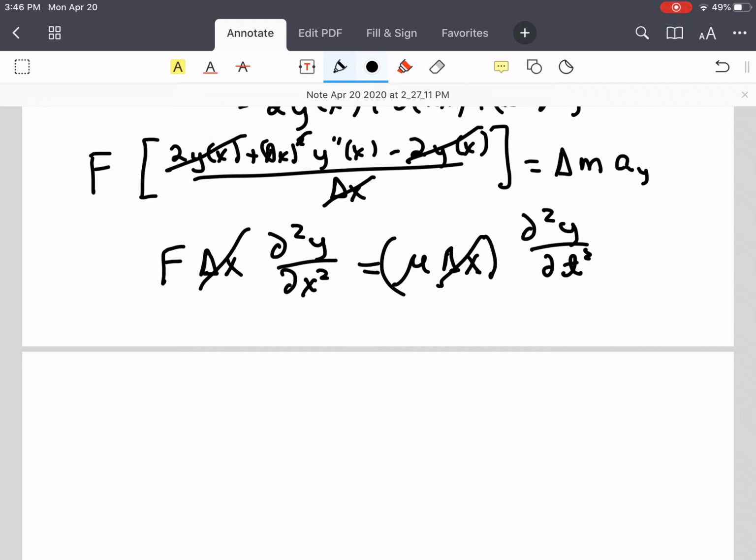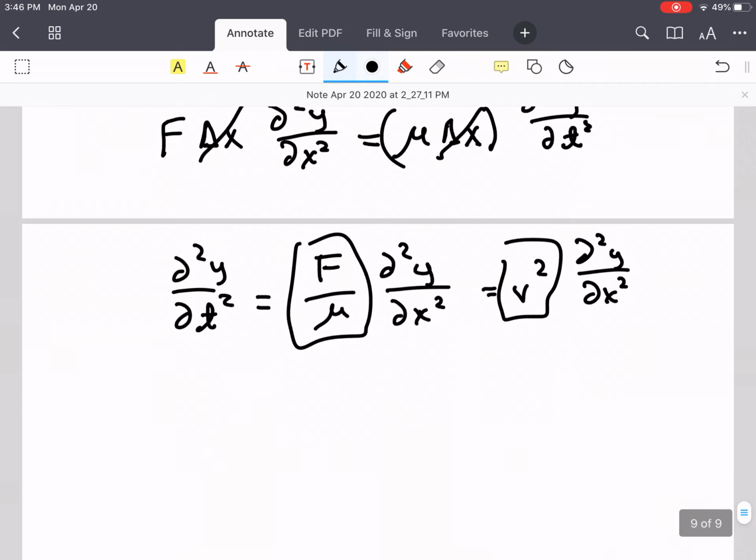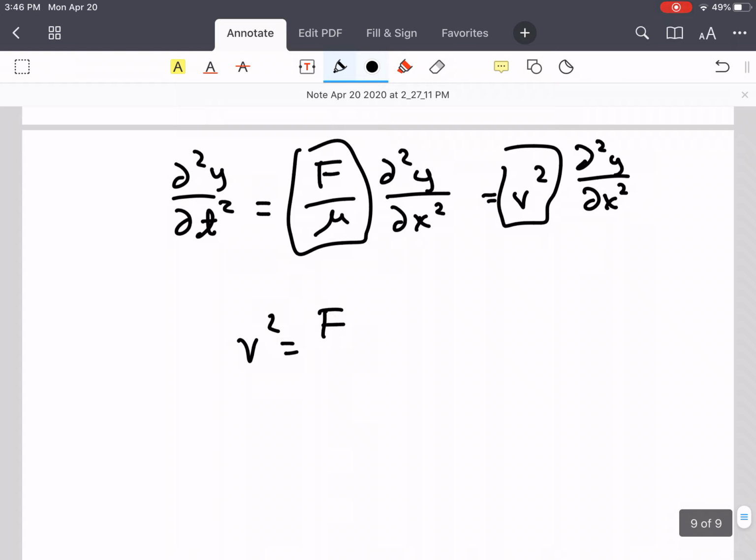We bring the mu over to the other side, so I have d squared y dt squared, that's all partial derivatives, is equal to F over mu times the second derivative of y with respect to x. And remember, this was the wave equation. D squared y dt squared is v squared d squared y dx squared. So finally, we make the identification that the velocity squared is equal to F over mu, or in other words, the wave velocity in a string is the square root of F over mu.